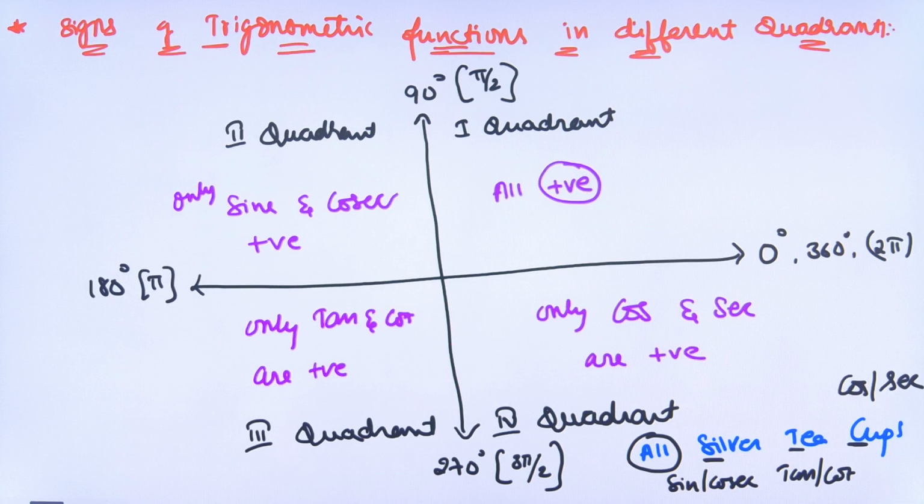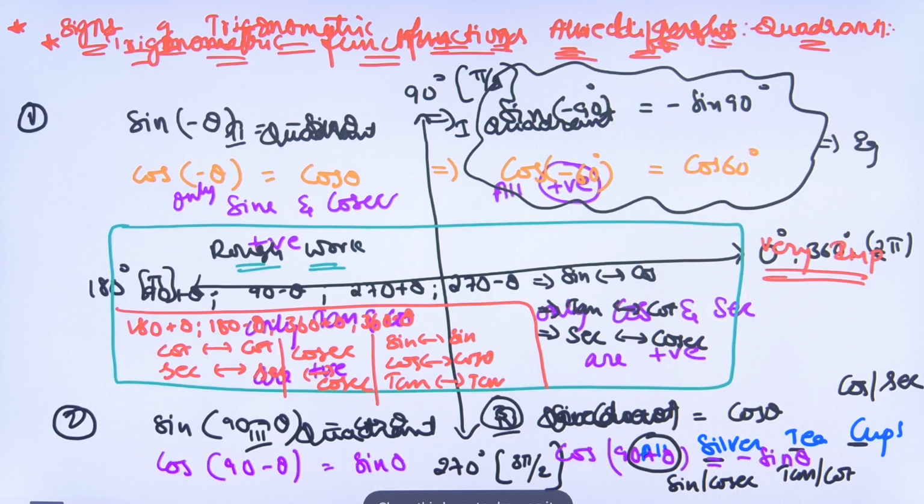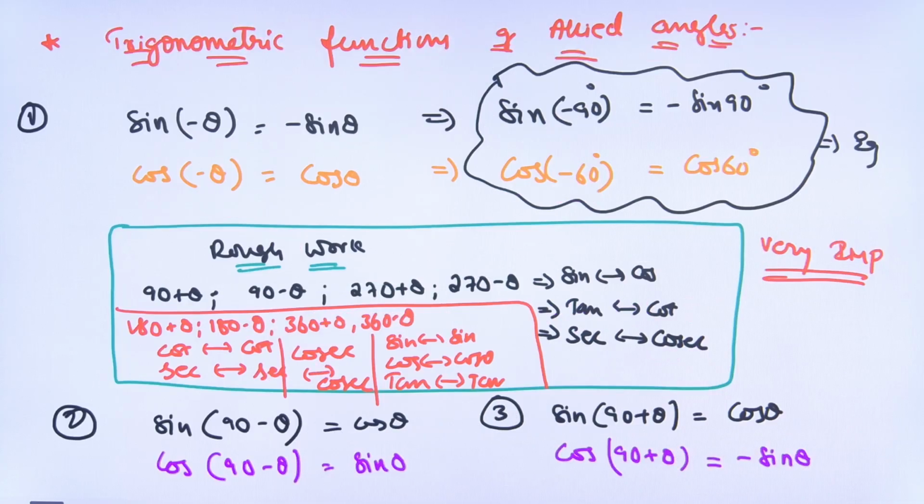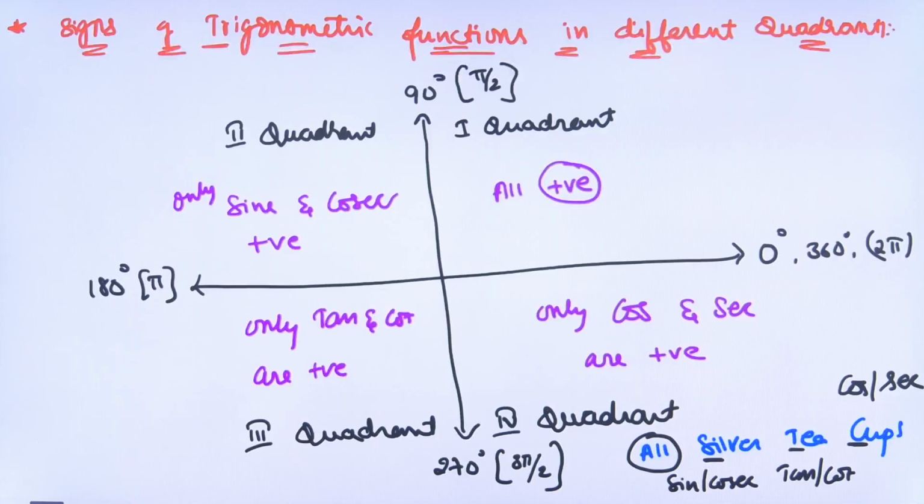See, students, sin 90 plus theta. See, 90 is here, right? So if I say 90 plus theta, that means I should cross 90. So 90 plus theta means it is now crossing 90.